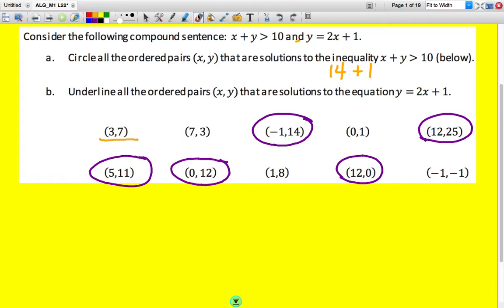So for the next pair, negative 1 comma 14. So 14 is the y equals 2 times negative 1 plus 1. 2 times negative 1 would be negative 2, plus 1 is negative 1. That is not a true statement.